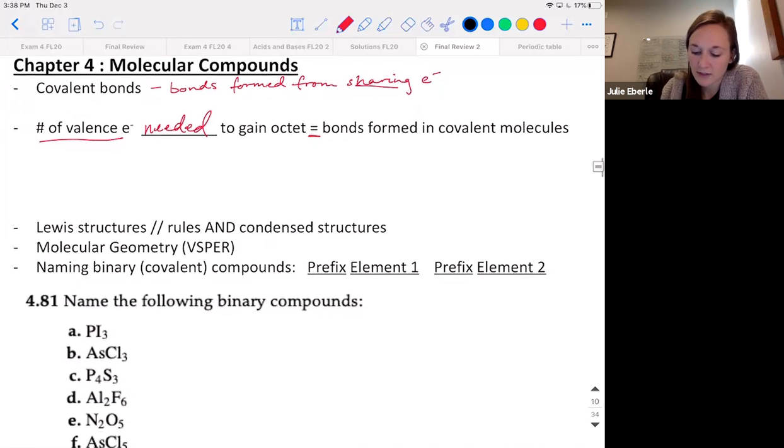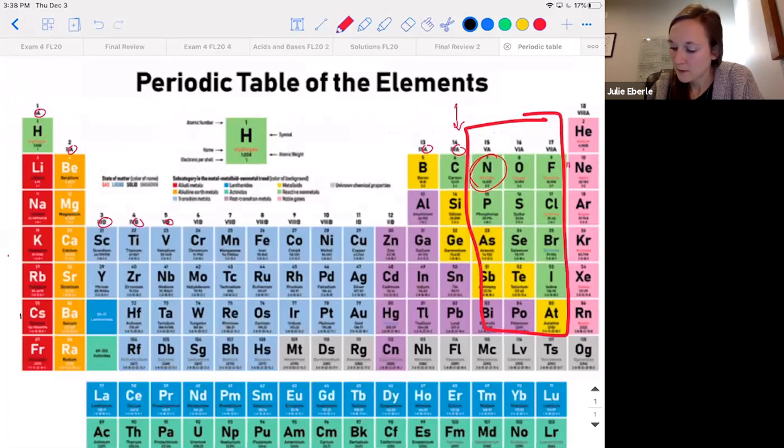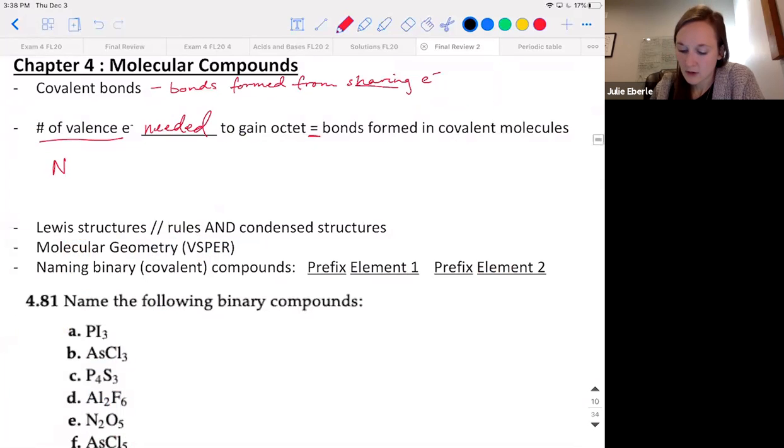So a good example here is nitrogen. Nitrogen, swoop over to the periodic table. Where's nitrogen? Right here. Nitrogen is in main group 5. So what does that mean? That means it has 5 valence electrons. So how many does it need to get 8? It needs 3, and that equals the number of bonds.